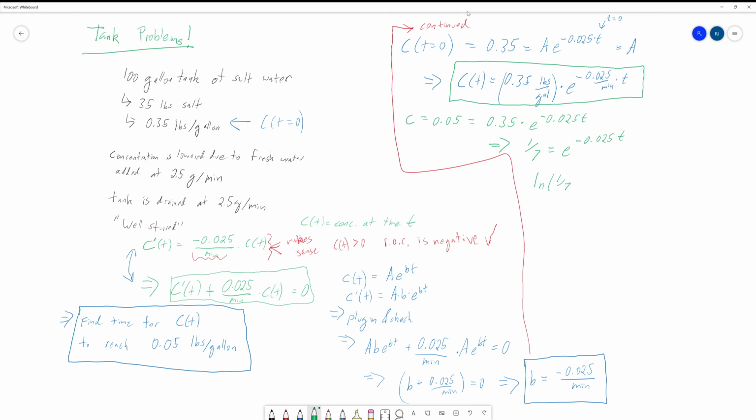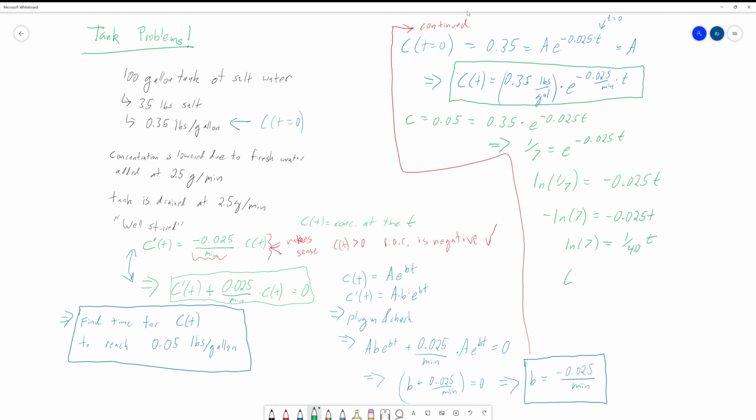You have ln of 1/7 equals negative 0.025 times t. And this, using a logarithm trick, because I don't have my calculator on me, would be negative ln of 7 equals negative 0.025 times t. And this, by the way, is 1/40th, so we can write ln of 7, and if you had a calculator, you could just plug this in. It's 1 divided by 40 times t.